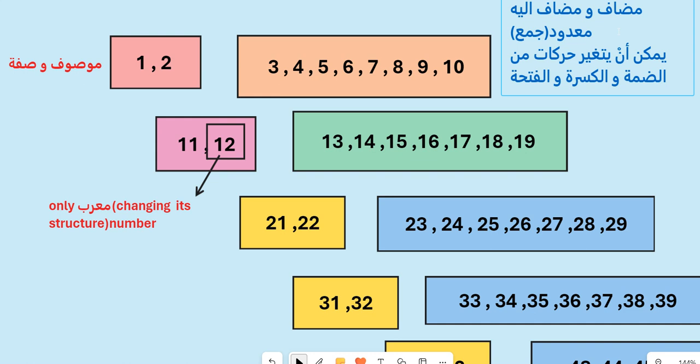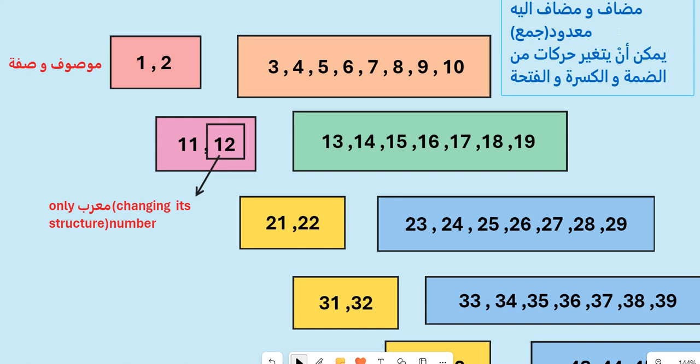The mudaf ilayhi always remains in the majroor case with the kasra, and the mudaf ilayhi is always a jama. So these are the only rules that 1 and 2 and 3 to 10 follow.